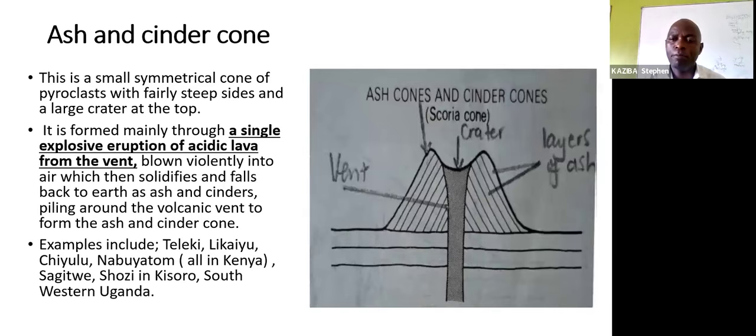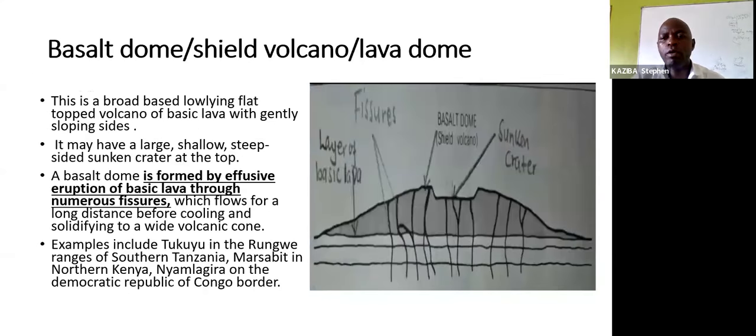So you give us examples: Teleki, Lakiu, Chiuru, etc. Then illustrate. So as they are marking, you identify, you describe, explain how it was formed, give examples, illustrate.